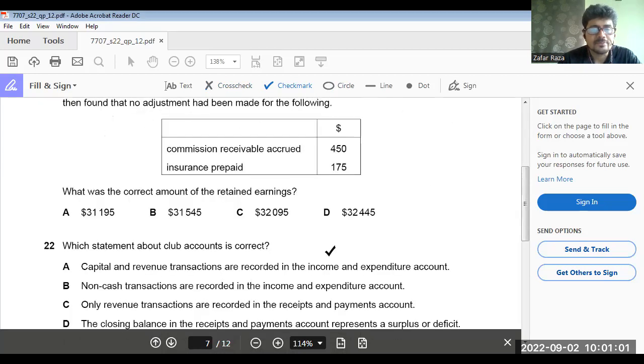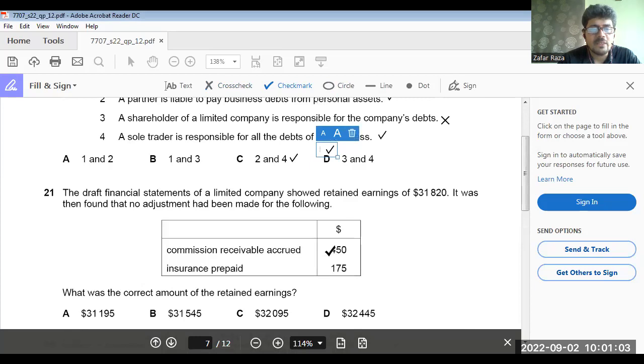Okay, 21. The draft financial statement of a limited liability company showed retained earnings of 31,820. It was then found that no entry had been made for the following: commission receivable accrued 450, insurance prepaid 175.